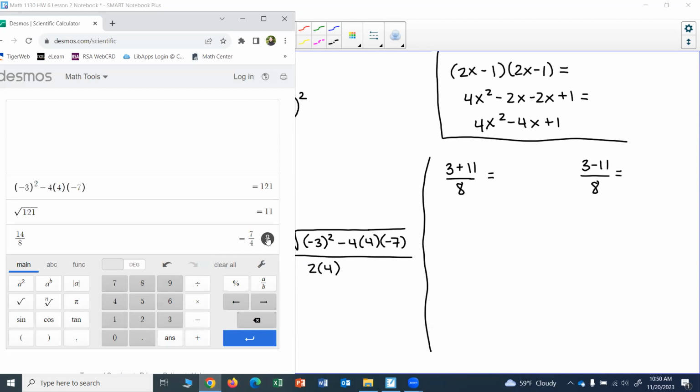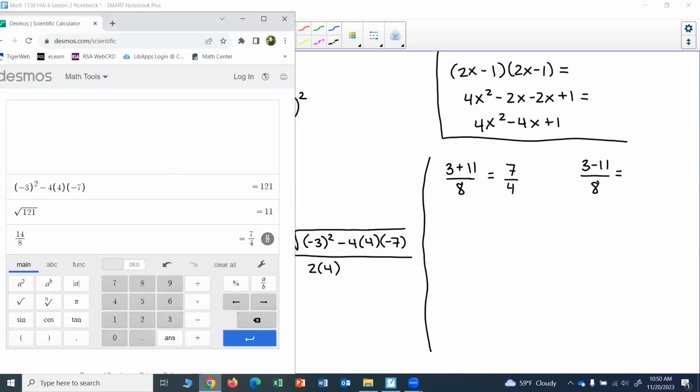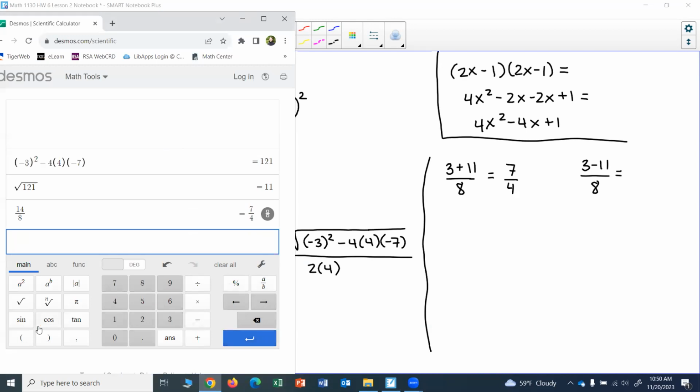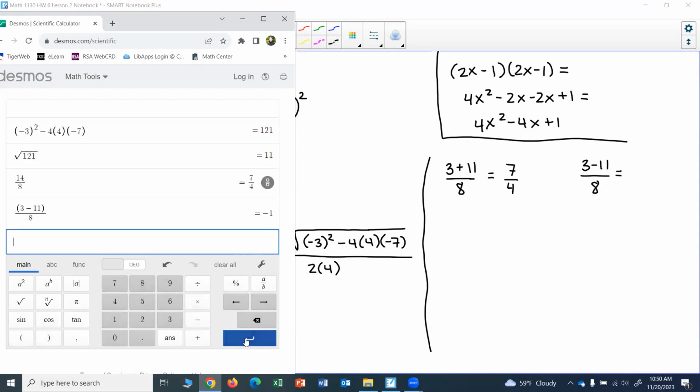Click on this fraction button, convert to fraction, to get a simplified fraction. So I will have 7/4. And 3 minus 11, we'll go ahead and do that. Parentheses, 3 minus 11, close the parentheses, and then divide by 8. And we get -1 as our other solution.